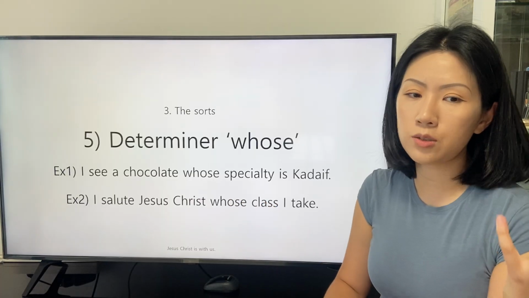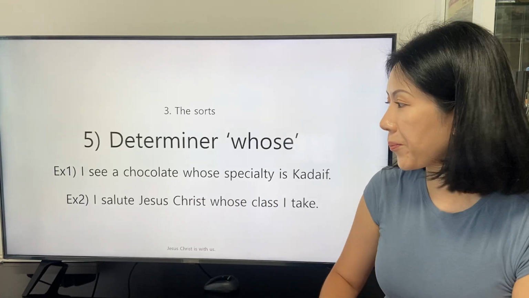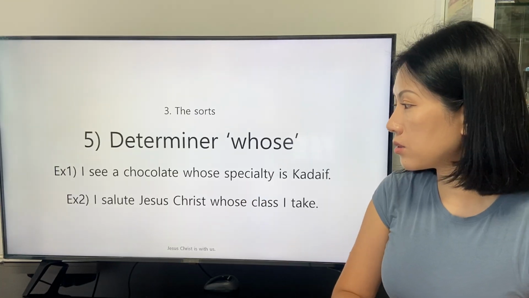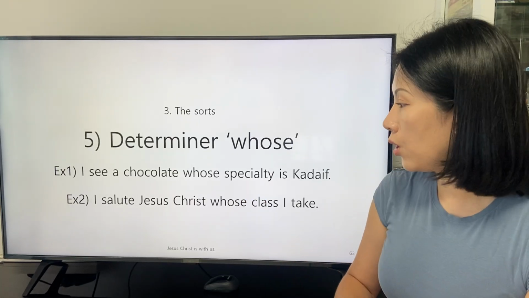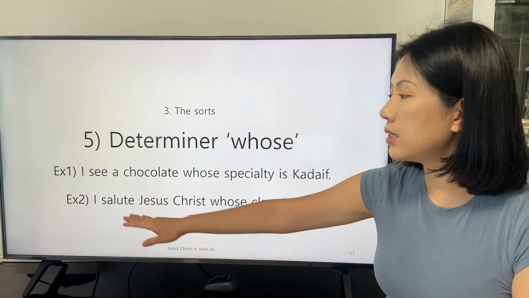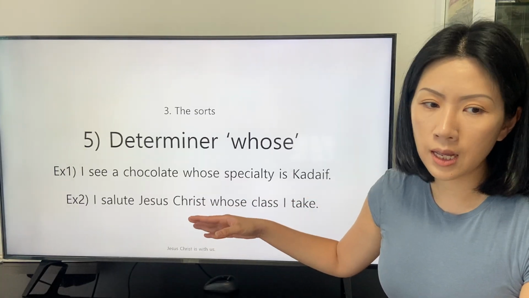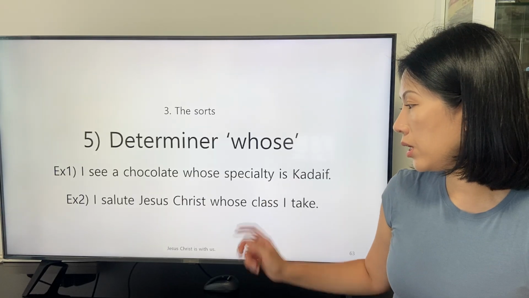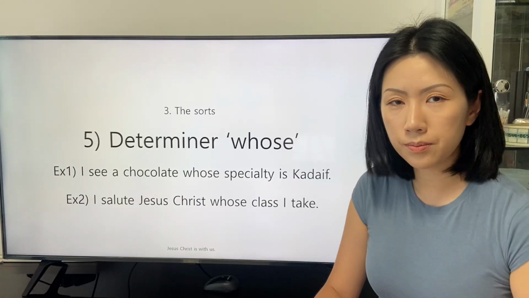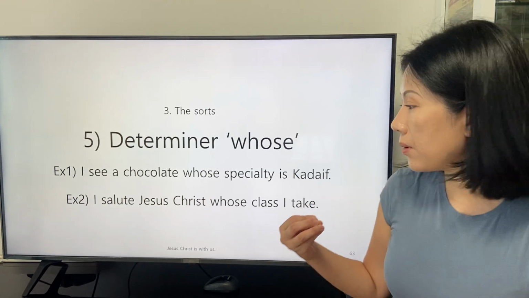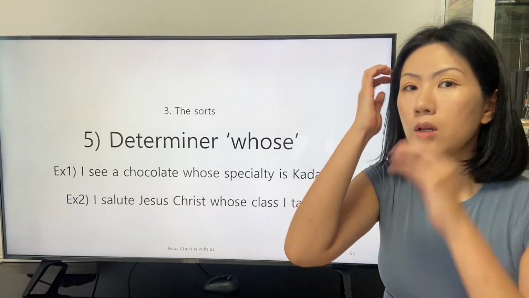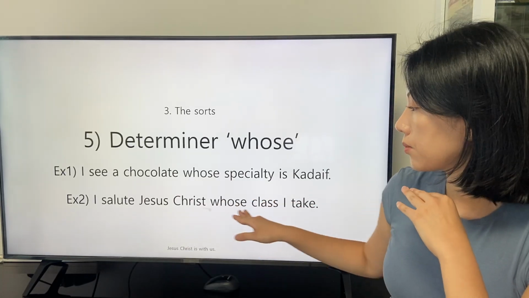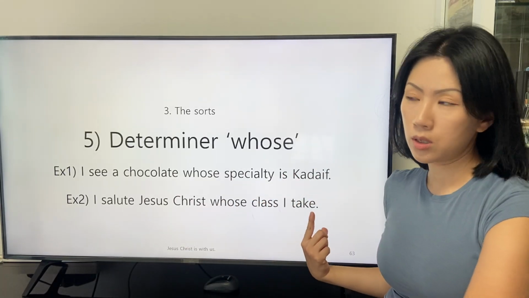I salute Jesus Christ, whose class I take. In this sentence, we find that the precedent of the determiner whose is Jesus Christ, our Lord, and the speaker intends to describe the class owned by Jesus Christ in the subordinate clause.